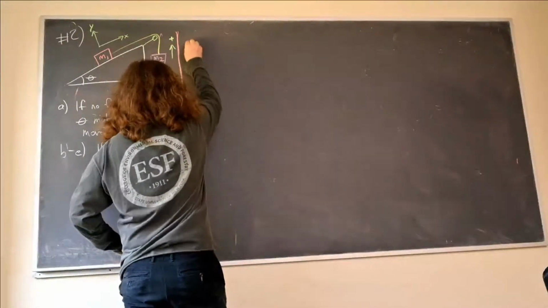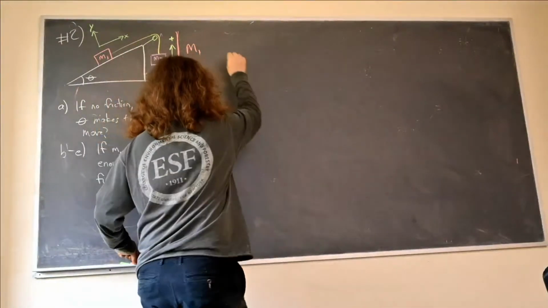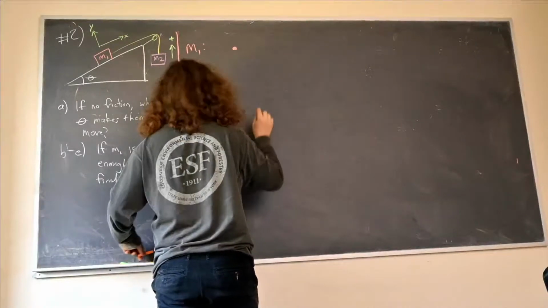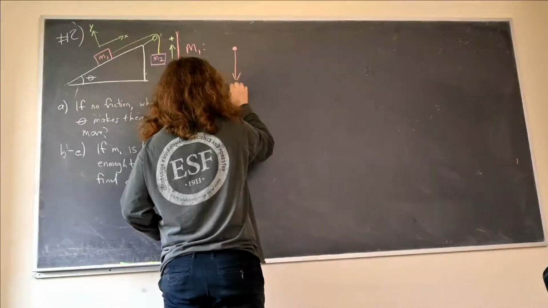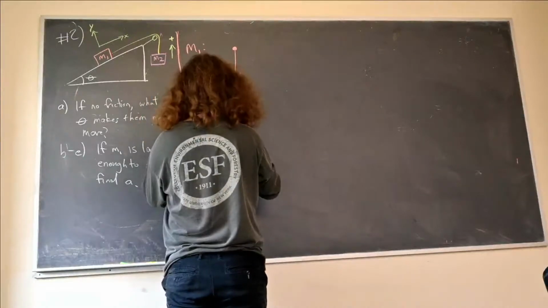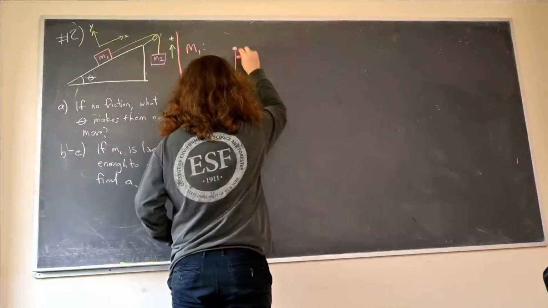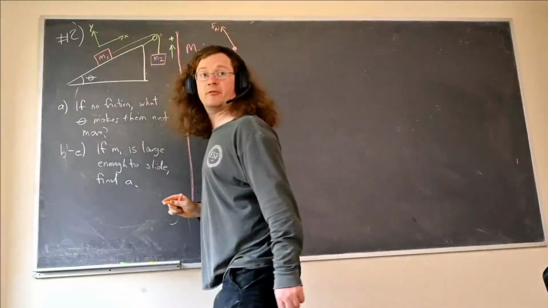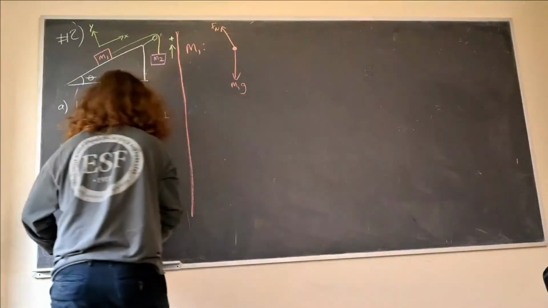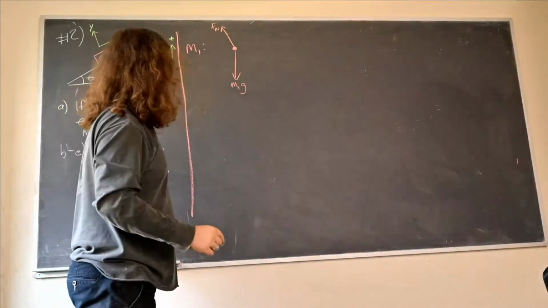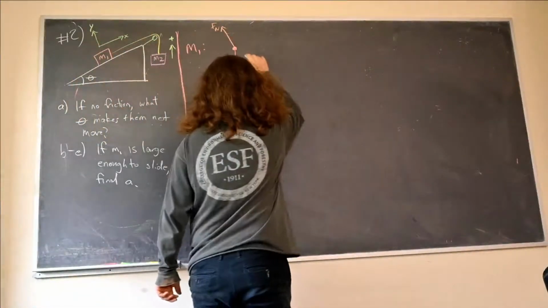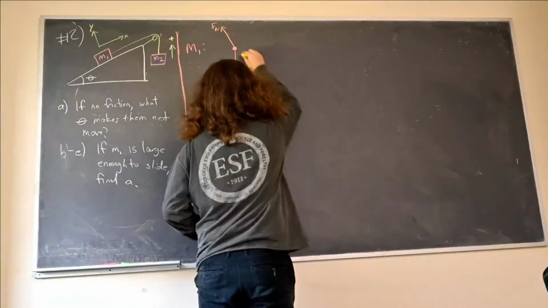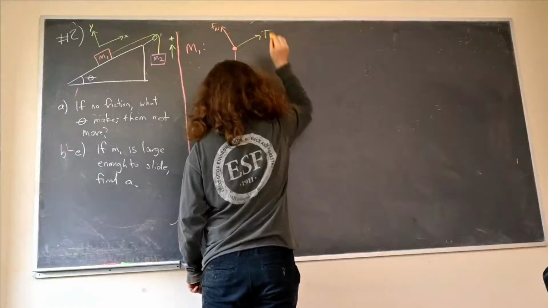For M1, we've got three forces: gravity, a normal force, and a tension, which I will draw in yellow to match the color of the rope I've drawn. Sorry about the messed up camera angles here.